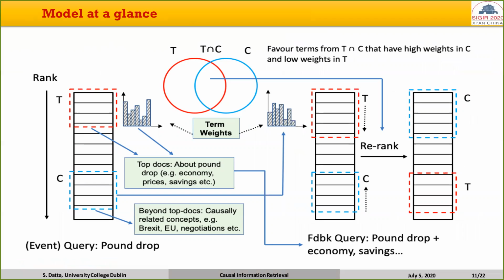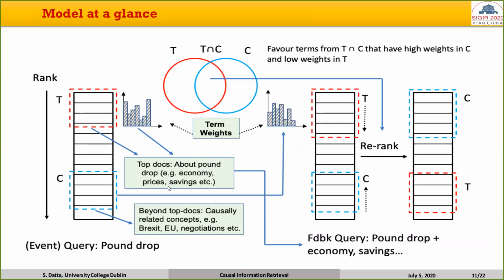We propose a pseudo-relevance feedback model based on the assumption that a causally relevant document, that is this set C, is likely to have only a partial term overlap with the topically relevant one, which is the set T. So if the query is Brexit drop, it is evident that in the top retrieved document set, most of the documents should be talking about either economy, prices, savings, etc., right?